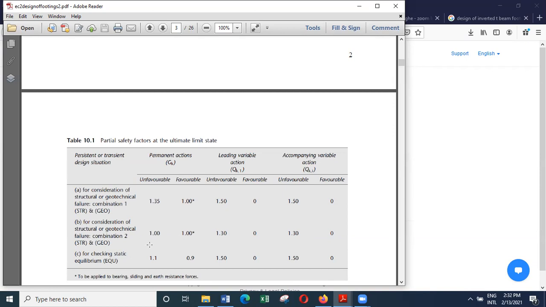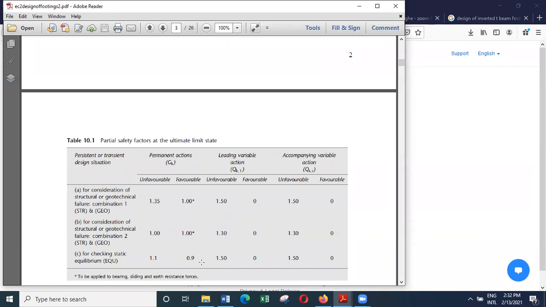If you are checking the equilibrium of the structure, then you will be using these factors, where whatever force is unfavorable will be multiplied by 1.1. Whatever loads are going to restore the structure, they are favorable actions, and we will use 0.9.